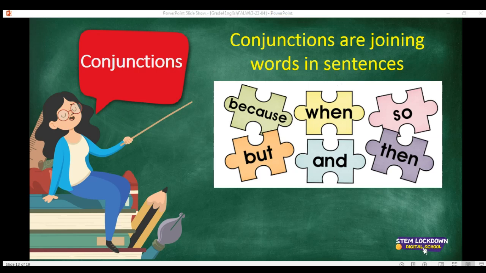It's just another word for joining words. So the words we use quite a lot are because, when, so, but, and then. But there are others that we can use, but these I think are used the most.